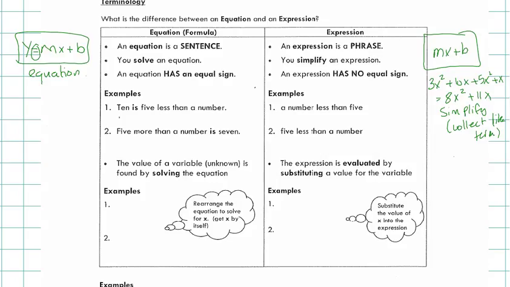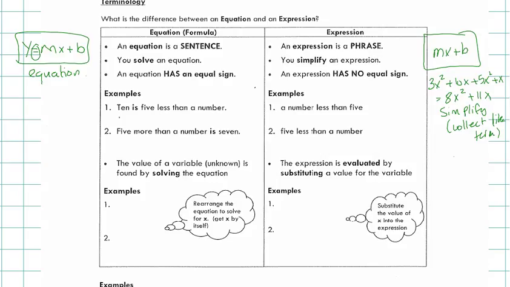Let's look at an example. So the first one says 10 is 5 less than a number. What is this trying to tell me? Well, if I want to translate this into math, what would that be? 10 is 5 less than a number. How will I write that?